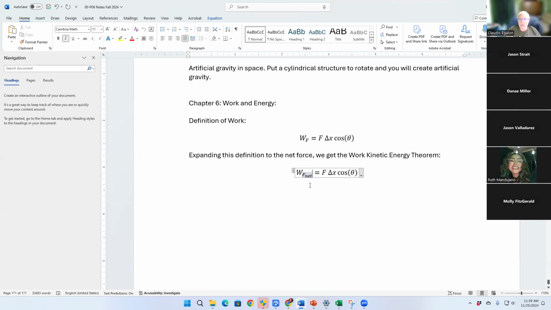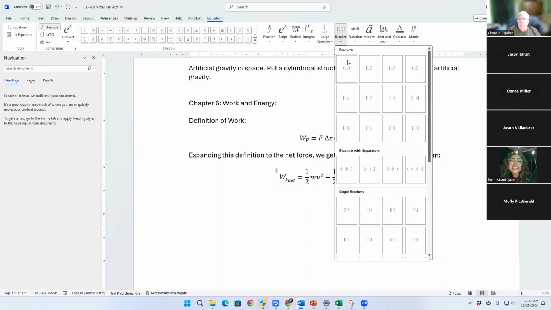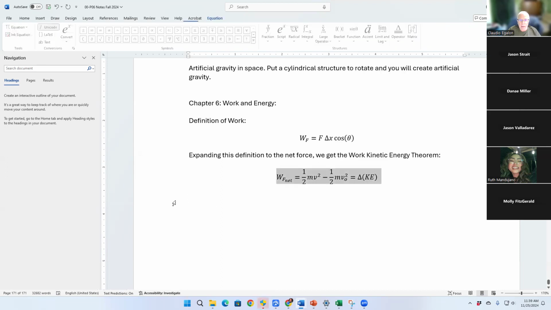Work done by the net force is going to be given by what? Going to be given by the final kinetic energy minus the initial kinetic energy. Or, if you want to simplify the notation, delta KE. Put that between parentheses.